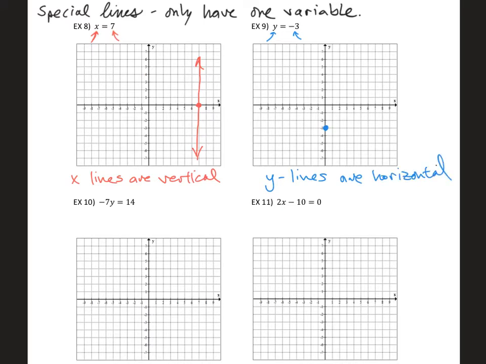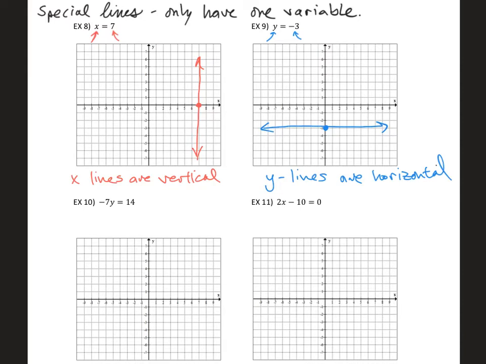So from here, you can just draw in a nice horizontal line. Pretend it's perfect. I'm not using the ruler on these. I'm not cheating. And that's it. That is how you graph special lines. X lines are vertical, Y lines are horizontal. There's more explanation that I can give to this, but I will put that in a separate video in the description below. So we take a look at example 10 and 11.